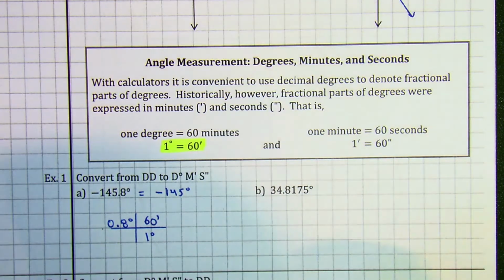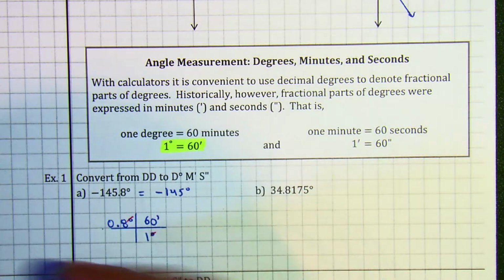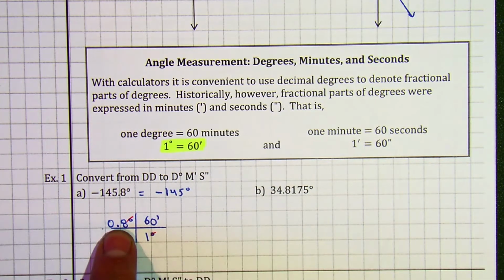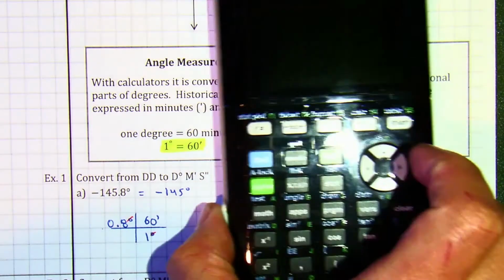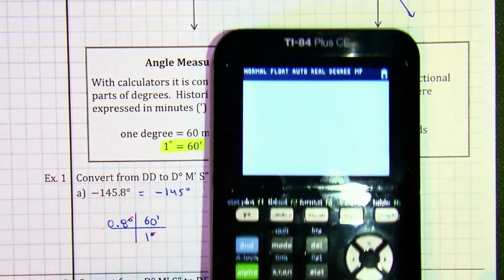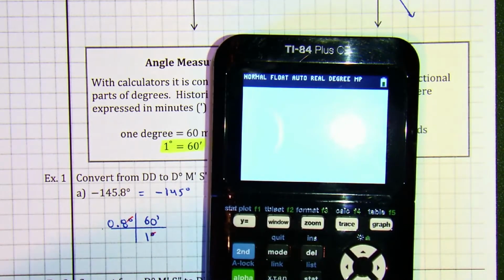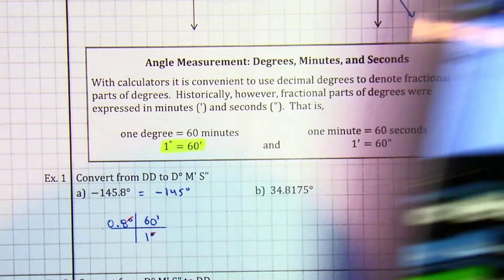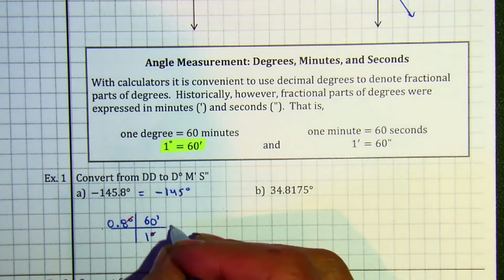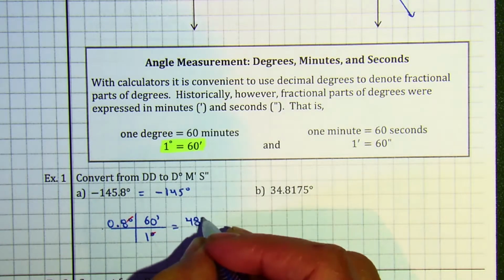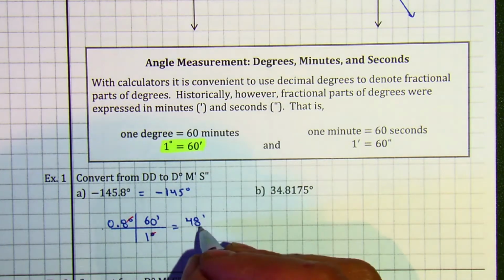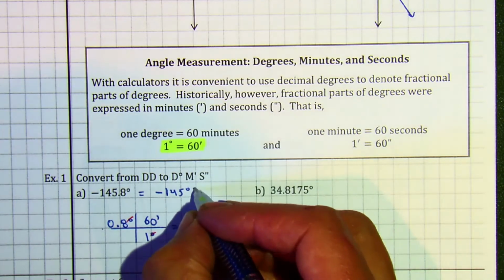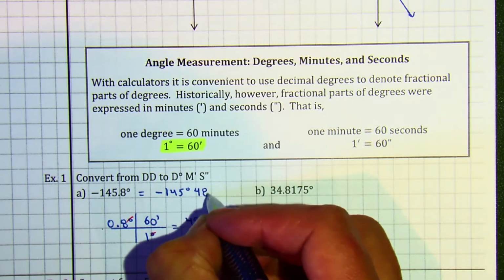My degrees are going to cancel out. So now I'm just going to multiply 0.8 times 60 and divide by 1. I'm going to use my calculator. 0.8 times 60, then I'm going to divide by 1, which is 48, correct? So therefore, this is equal to 48 minutes. Since there's no decimal part in here, that means that there are no seconds left, 0 seconds.